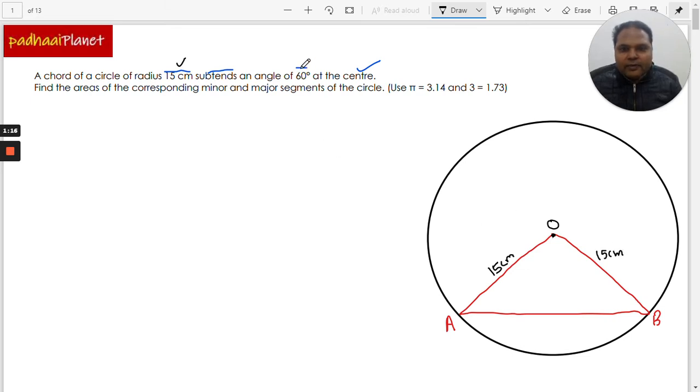The angle subtended at the center is 60 degrees.